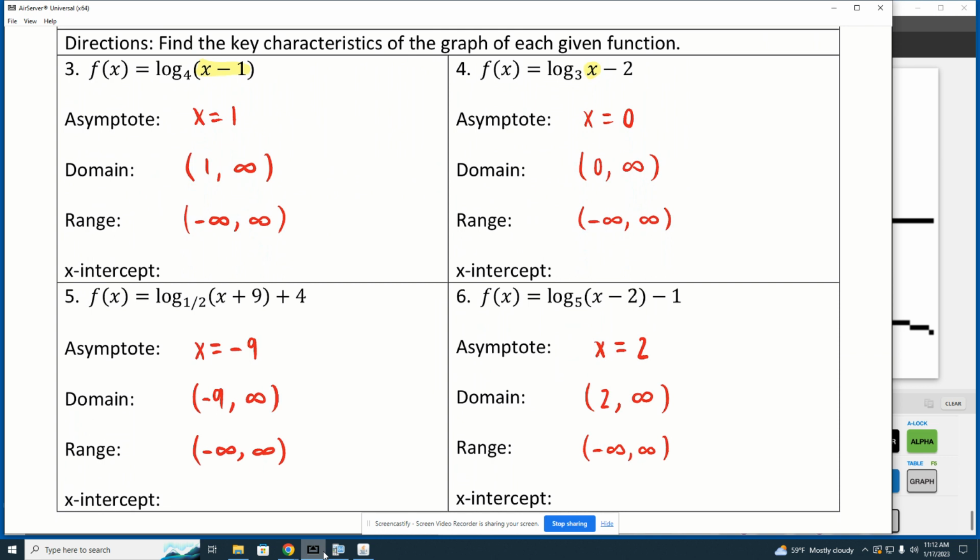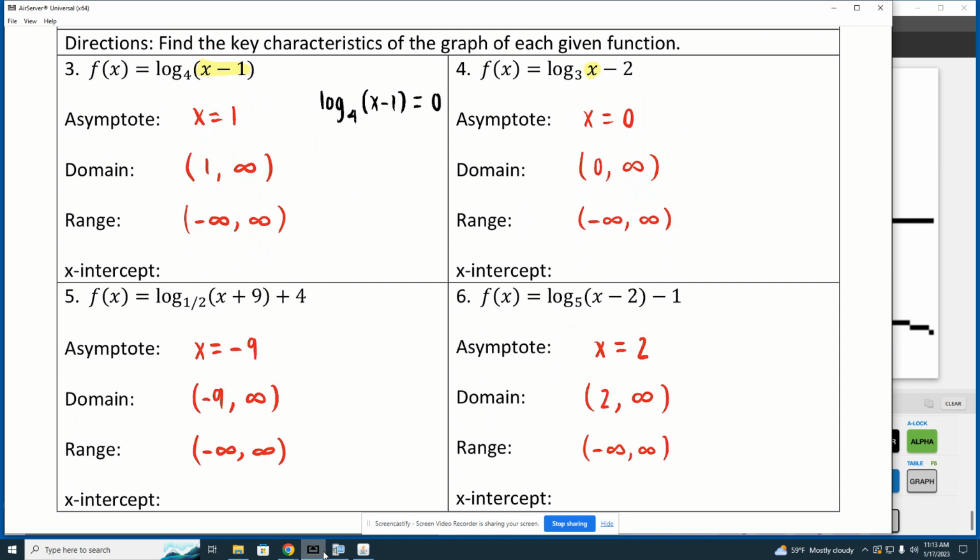You can either graph it and look for the x-intercept, like we did a second ago, or you could set it equal to 0 and solve. I don't care which method you use. Graph it, find the x-intercept, or take your log, in this case base 4 of x minus 1 in parentheses, set it equal to 0 and solve.